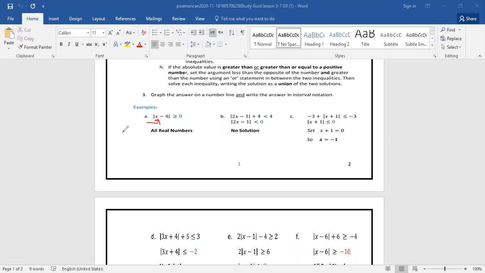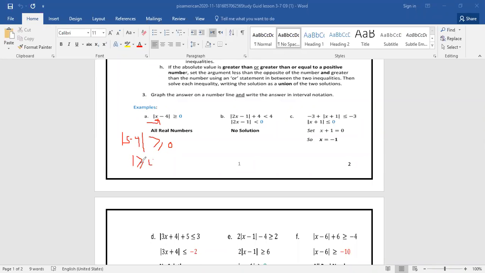Then it could be absolute value 5 minus 4 more than or equal 0. The answer will be 1, and 1 is more than or equal 0, right?